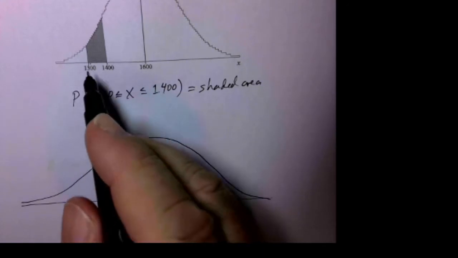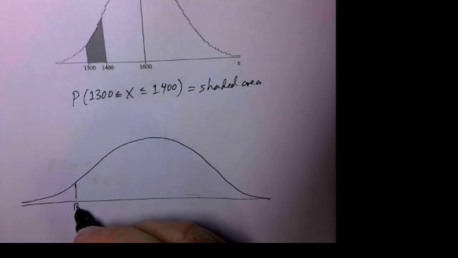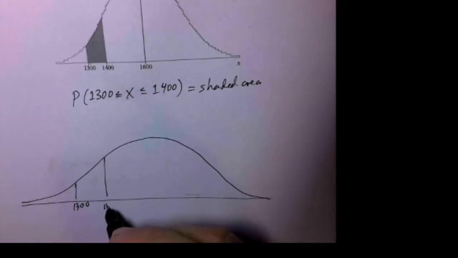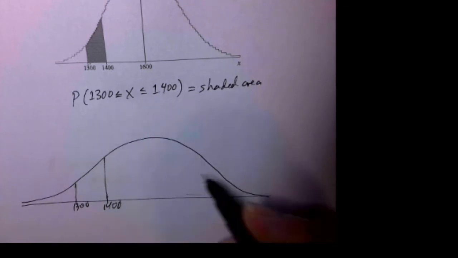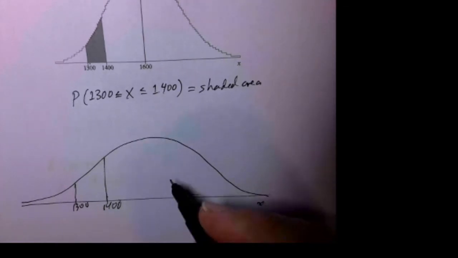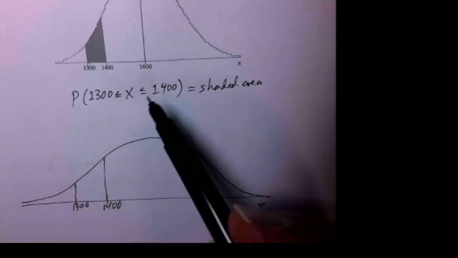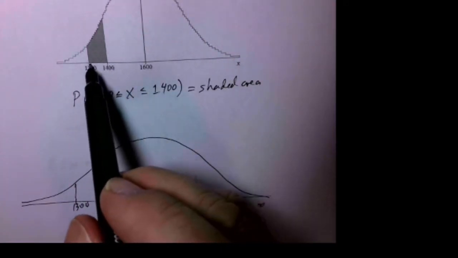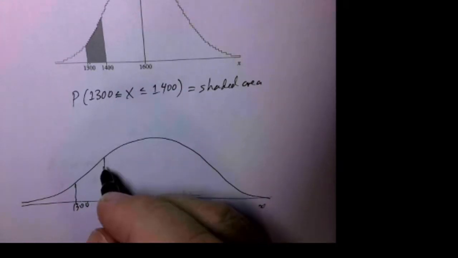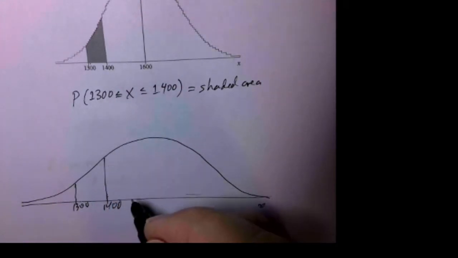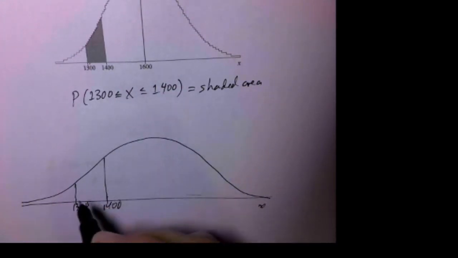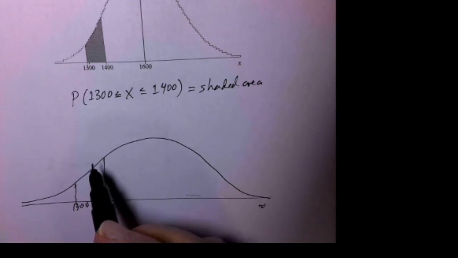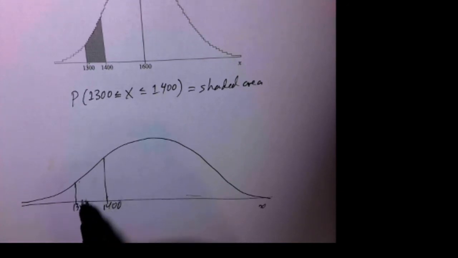Right? If this is 1300 and this is 1400, and this is the x-axis, and we've gotten to this curve now by shrinking these bars down until they are infinitely thin, each one is just now a vertical line. It's no longer possible to compute this area by computing the areas of bars and adding them up.